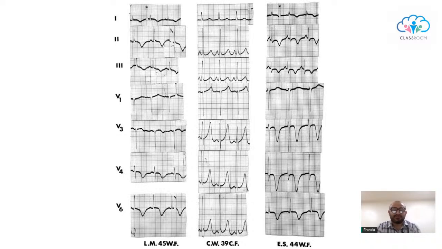The first ECG, starting from V3 down to V4 and V6, you can see T wave inversions, and you can see ST changes as well in lead 2 and lead 3. In the second patient, you can see in V3 to V6 tall, peaked T waves. And in the third patient, you can see very, very deep T inversions, again in V3 to V6, and lead 2 and lead 3.